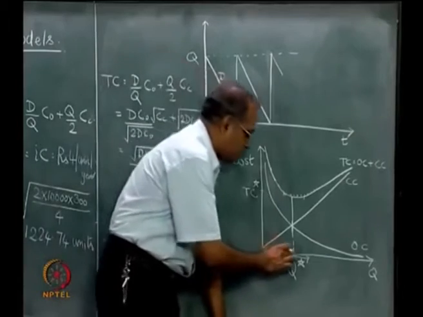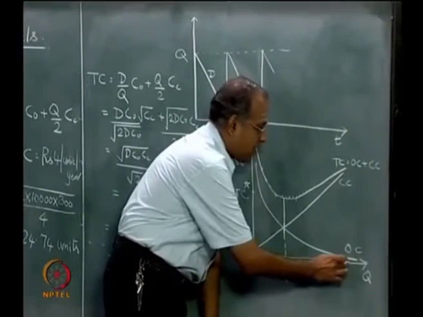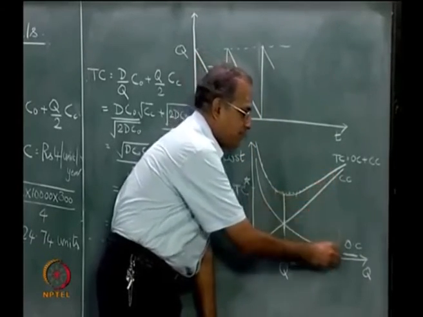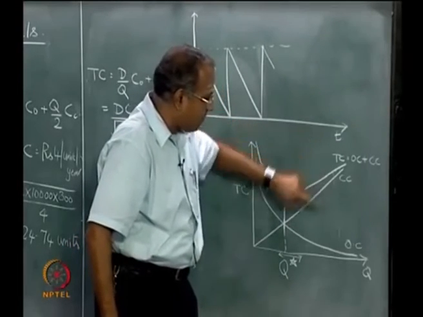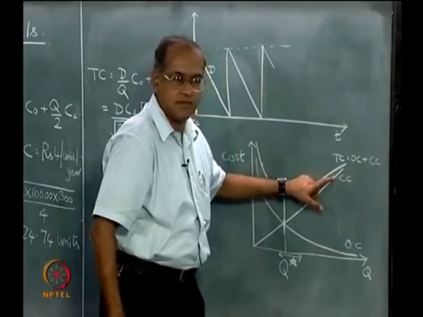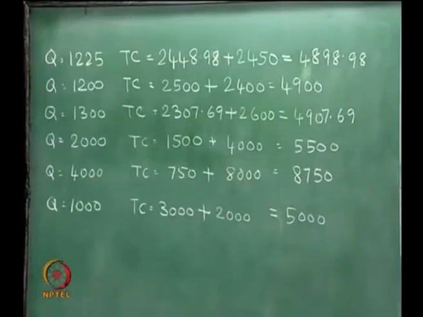For example, if this is 1224.74, say let us say 4000 is somewhere here, and therefore we saw that total cost went up. Now when it is 4000, you also realize the total cost went up, the order cost is small, the carrying cost is large.